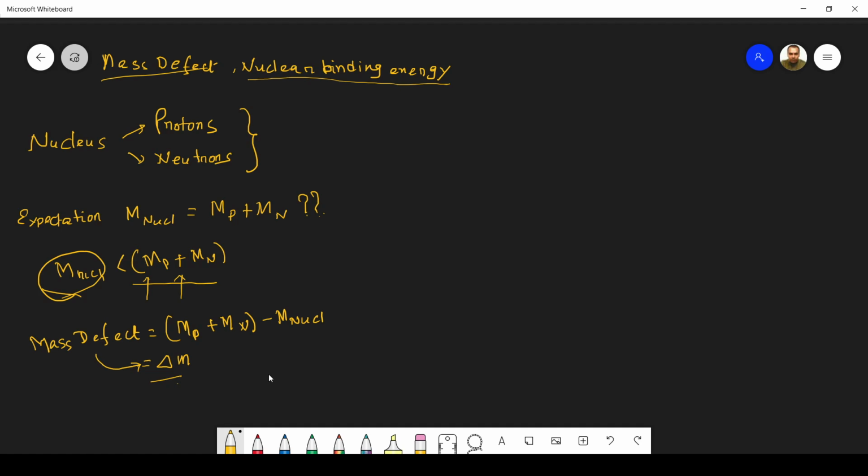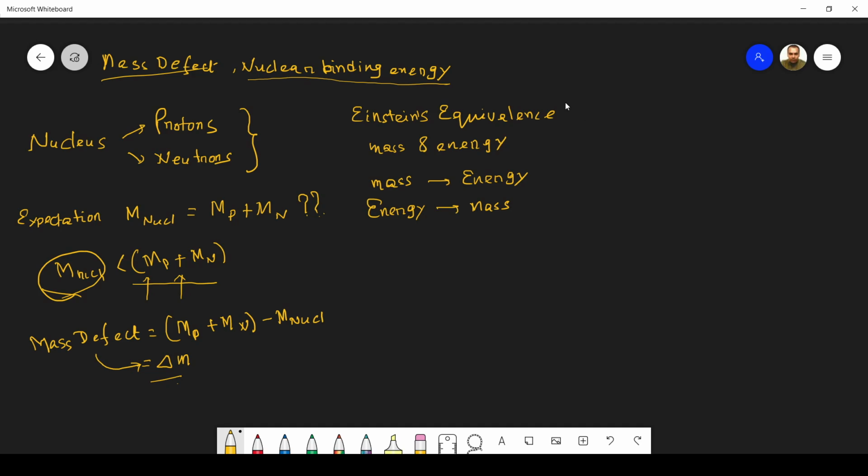As per Einstein's equivalence of mass and energy, mass can be converted to energy, and conversely energy can be converted into mass.